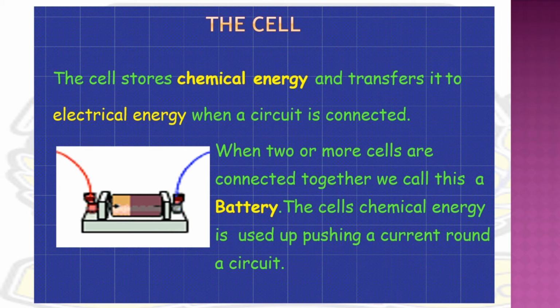So within the cell itself, the charge flows from the negative terminal to the positive terminal as it gains electrical energy. And when two or more cells are connected together, we call this a battery, and the cell's chemical energy is used up pushing a current around a circuit. So this is the whole story of the cell.